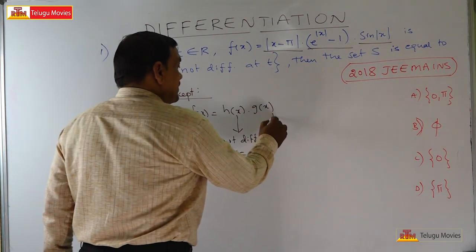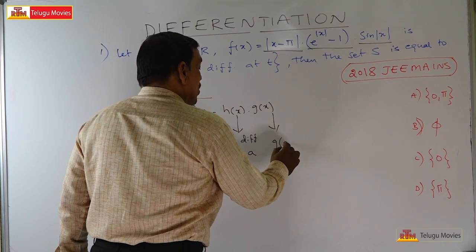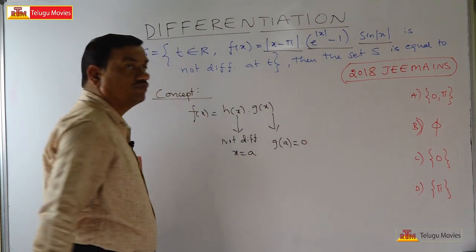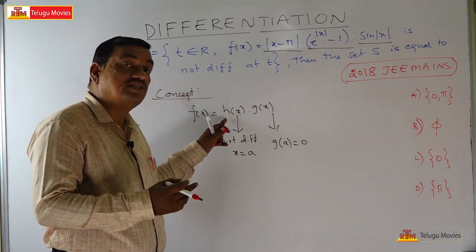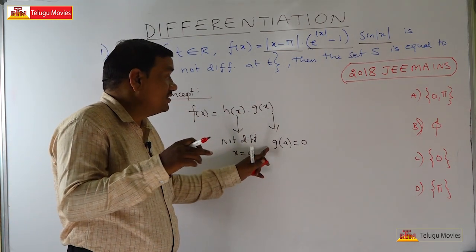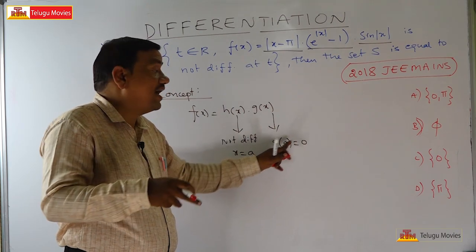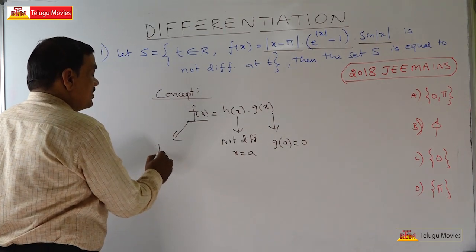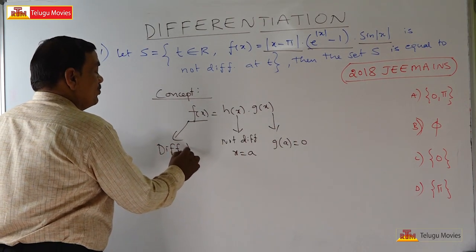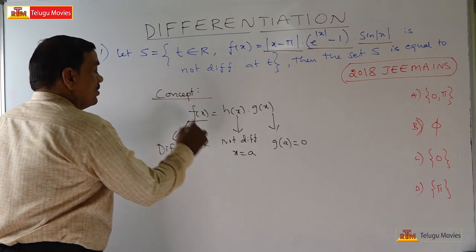The second function g of a is equal to 0. Then this function f is differentiable for all x belongs to real numbers.